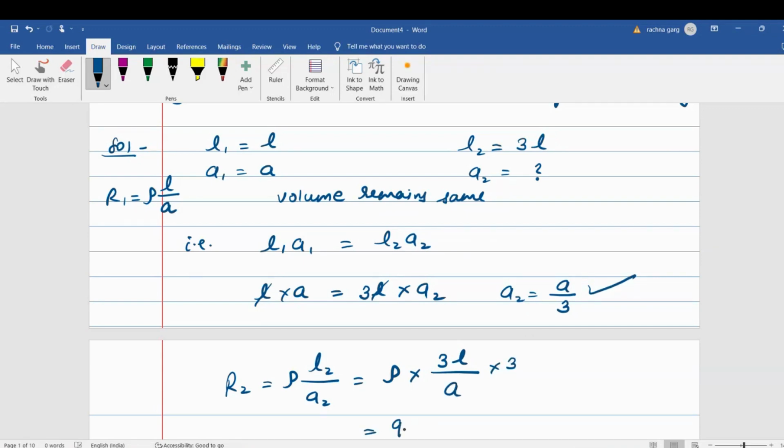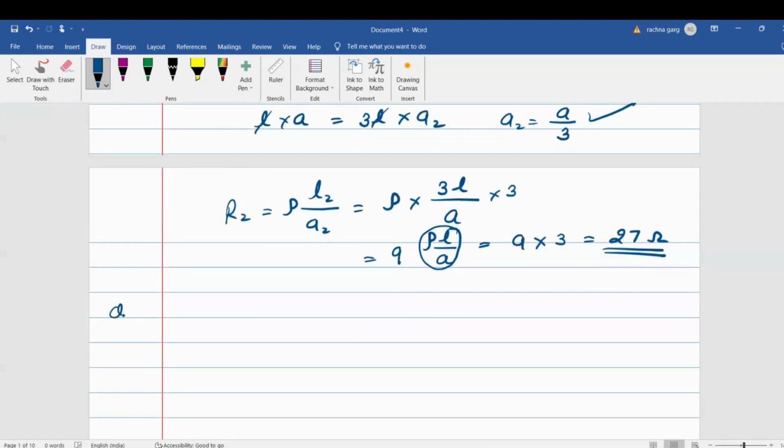So you are getting 9 times rho L by A. And rho L by A as per the question is equal to 3 ohm. So 9 into 3, 27 ohm. Is it clear? Yes, people?